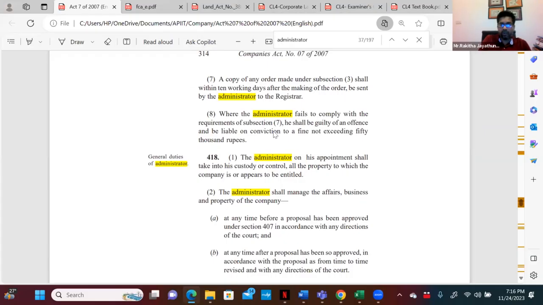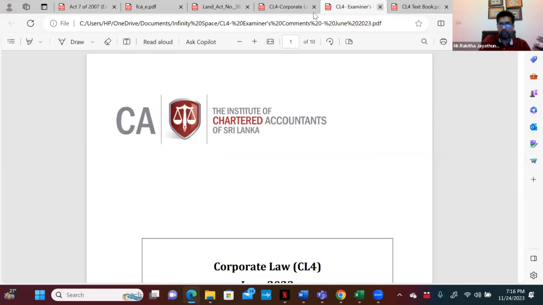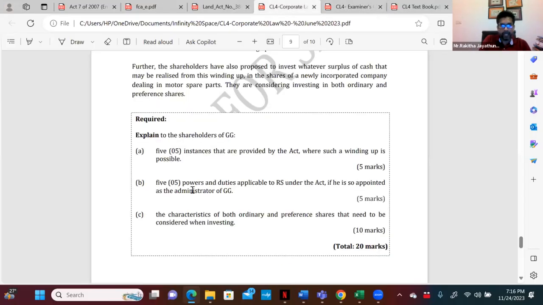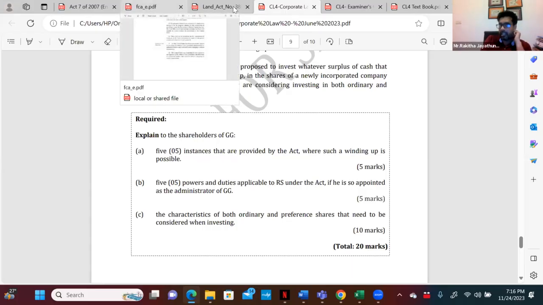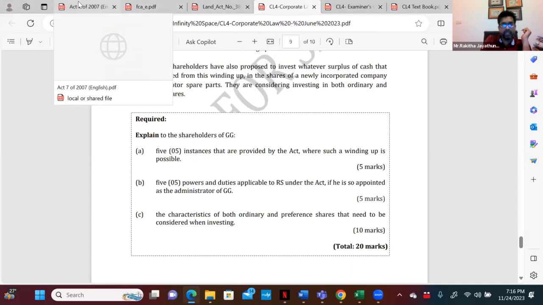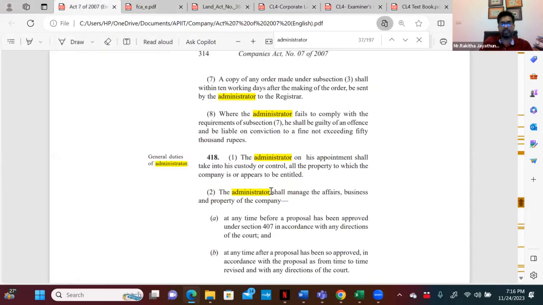And here, if you look at the question very carefully, you will see they are asking powers and duties, both powers and duties. So there were 3 powers that I mentioned earlier. These are the duties of the administrator here.